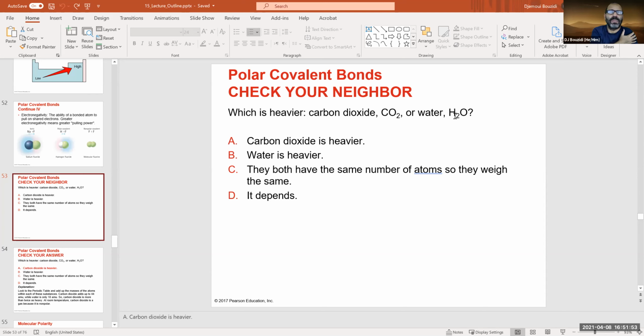The explanation has to do with the polarity, actually. H2O is polar. This one is non-polar. That means the carbon dioxide molecules don't interact with one another. That's why the molecules in here are free to float wherever they want to.